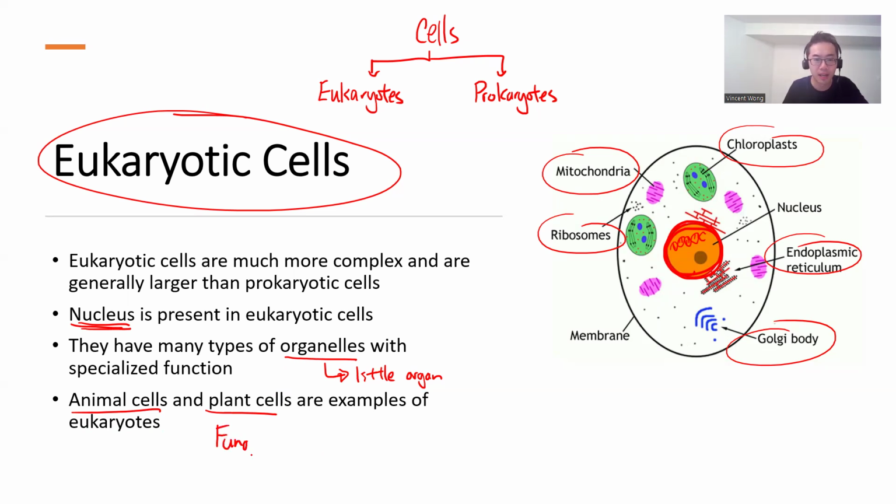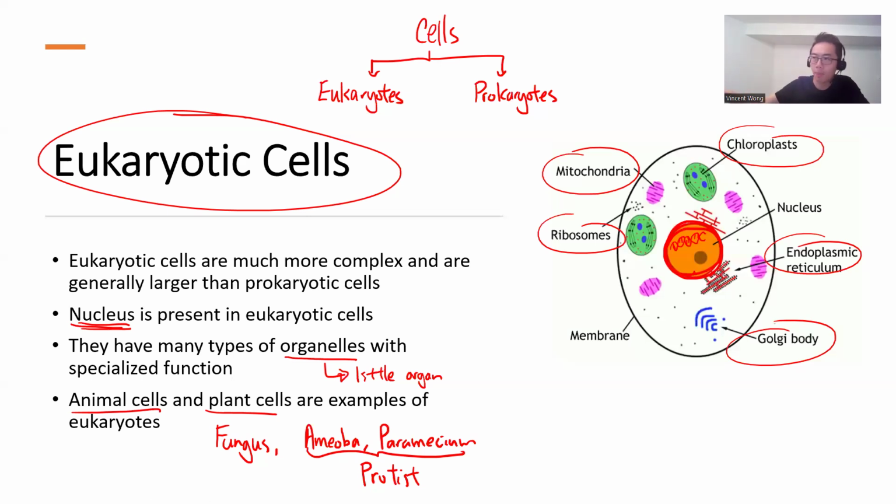Other examples are fungus, things like the amoeba and the paramecium. These actually belong to a group called the protists. So these are all eukaryotic cells.